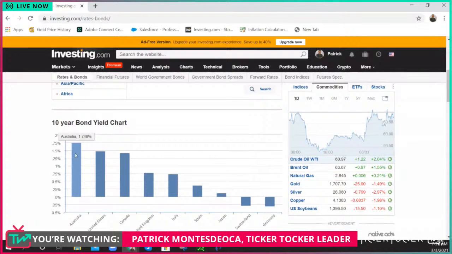So the next cycle, I believe, that we're going to be facing is the effect of a stronger than expected economy igniting the pressure to raise interest rates.